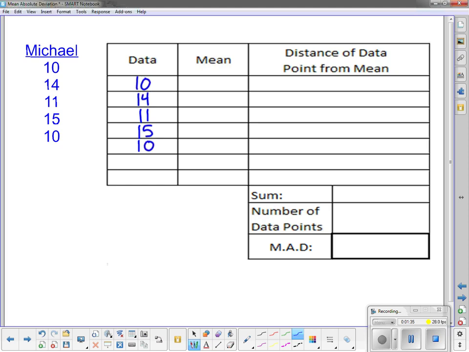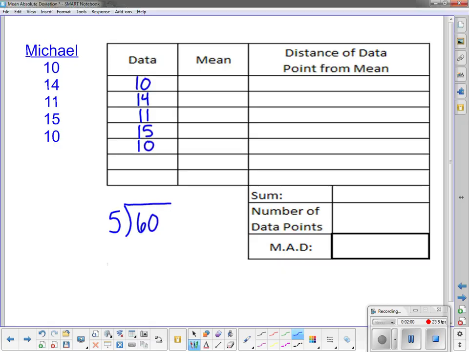Now, on the last page, we added all of his scores, and we realized that he scored 60 points over those 5 games. And to find the mean, we need to divide by how many data points we had. Well, 10, 14, 11, 15, and 10 are over 5 games, so we will divide by 5.